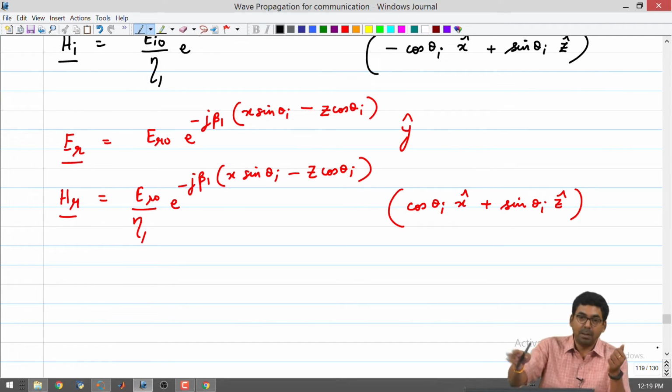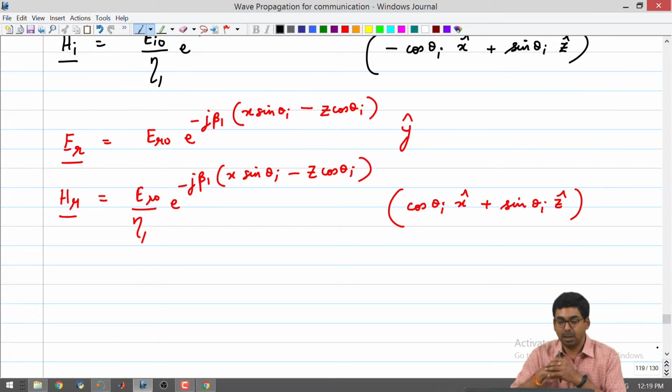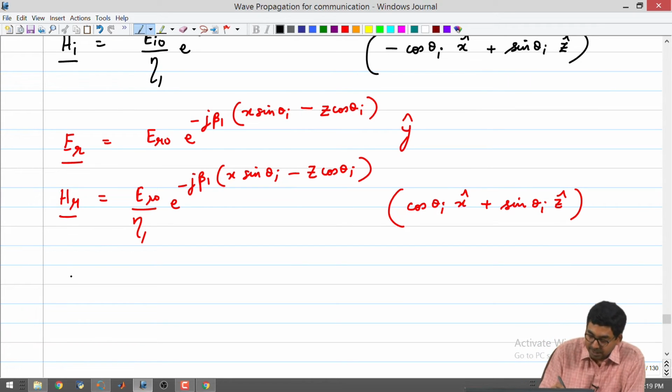So, you can get rid of some terms in your math, and then we can see what fields will add up, what fields will not add up, etc. So, the boundary conditions at z equal to 0.